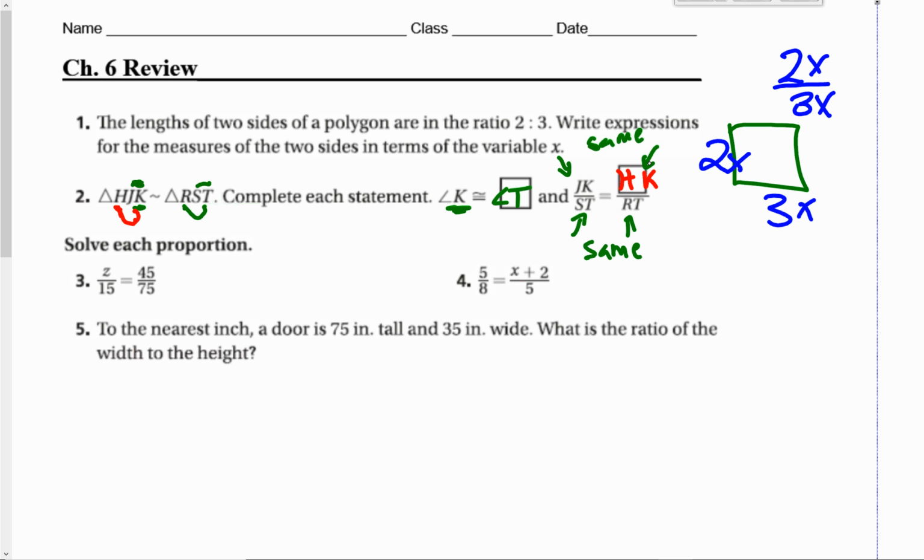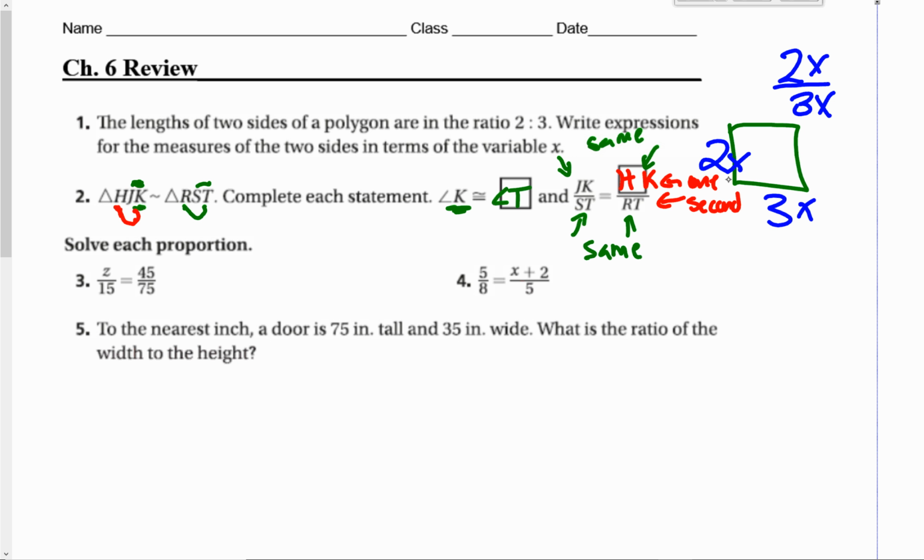So whatever's on top comes from the same polygon, and whatever's on bottom comes from the same polygon. But the top and the bottom are going to be from the 2 different ones. So the top is from one, and the bottom is from a second one. That's how you can usually match them up. You can switch these in a way, right?